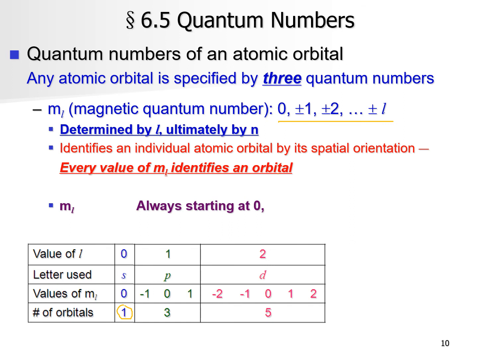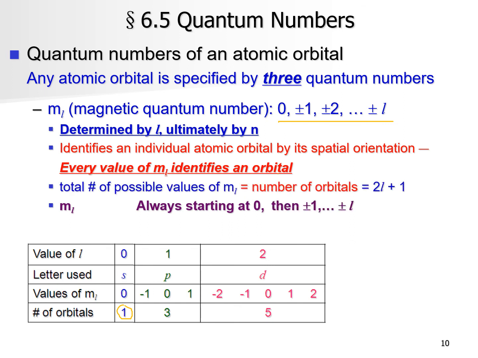If l equals 2, the letter we use here is d, and 5 different values of m sub l: 0, plus 1, minus 1, plus 2, minus 2. So 5 orbitals. Now we make perfect sense of m sub l.